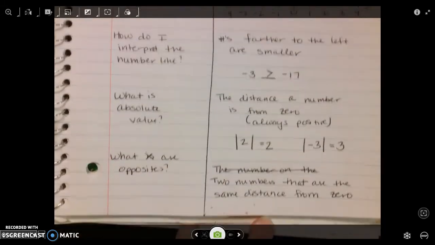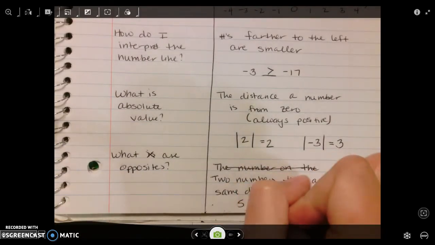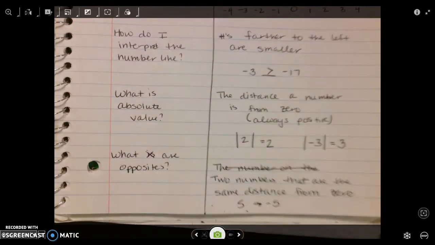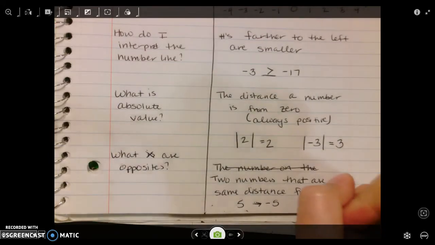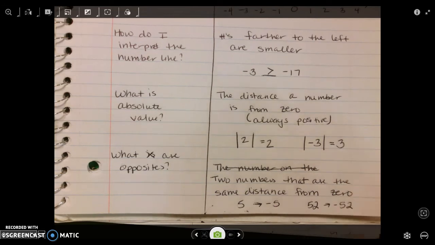So for example, if I gave you 5, the opposite of 5 is negative 5 because they're both 5 away from 0. The opposite of 52 is negative 52 because it's on the opposite side of 0. And there you have it.